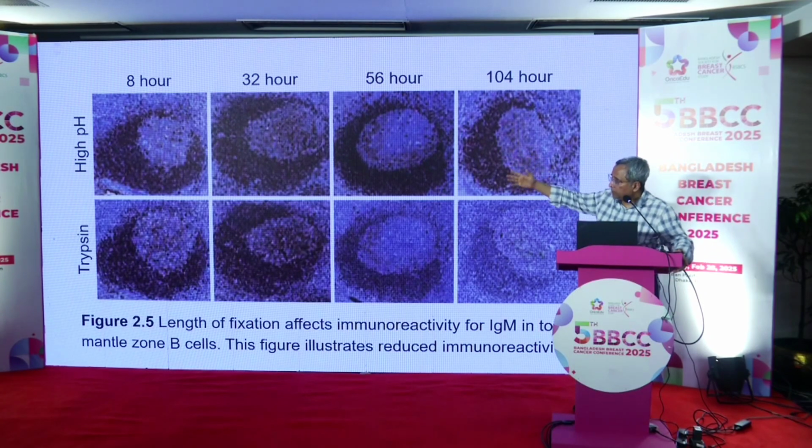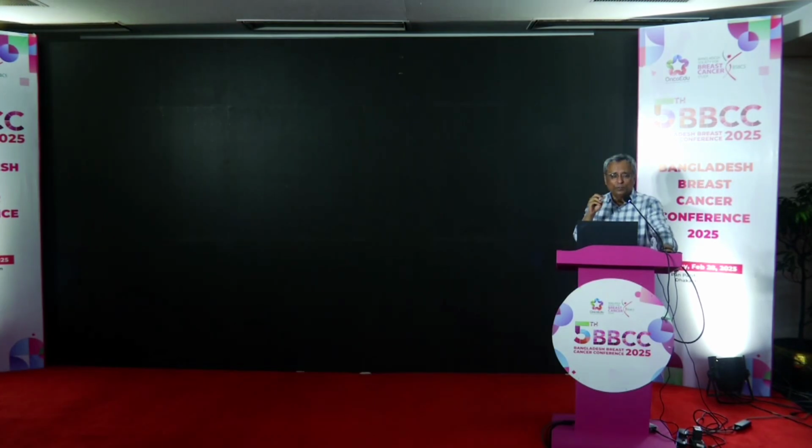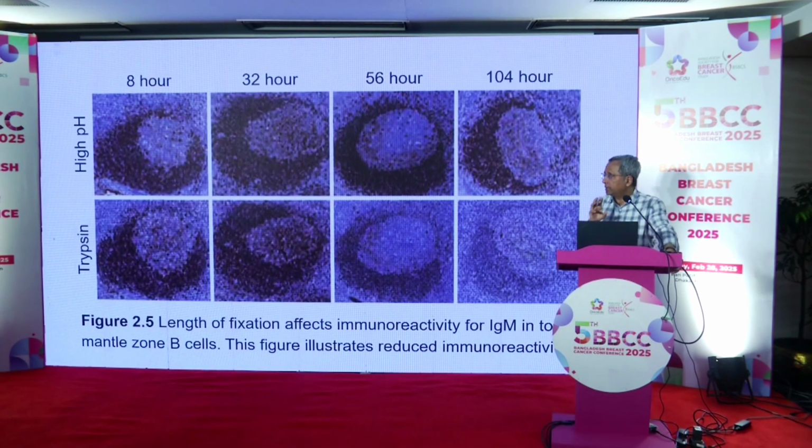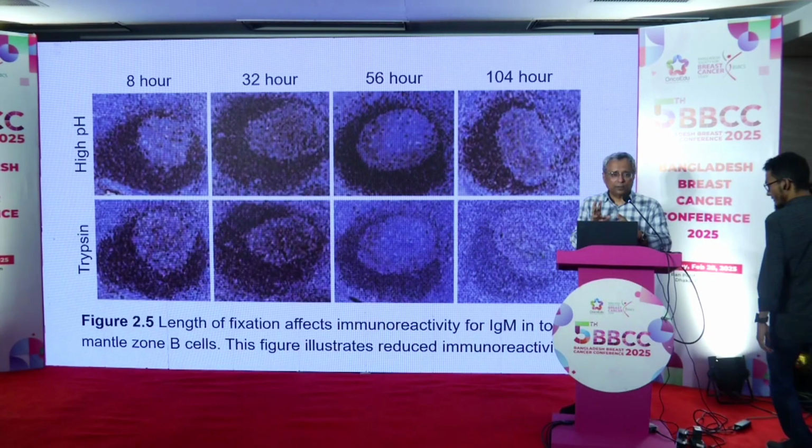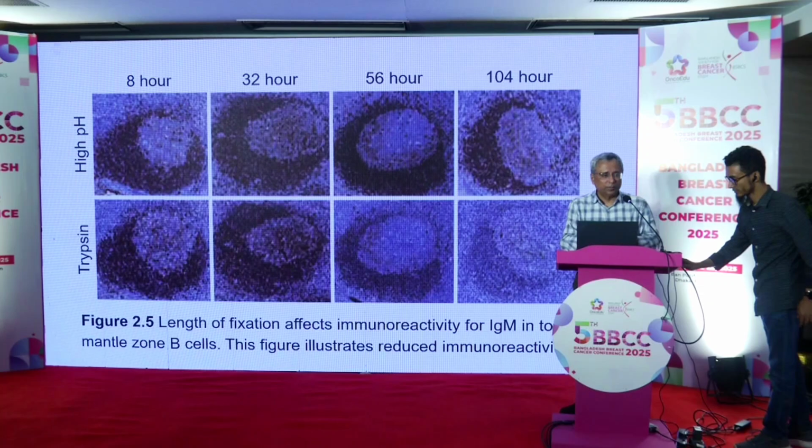And there are also the conditions that you use in immunohistochemistry, like high pH, low pH, these also affect. So when you do the immunohistochemistry, especially for ER, HER2, you need to be very conscious about what protocol is being used.